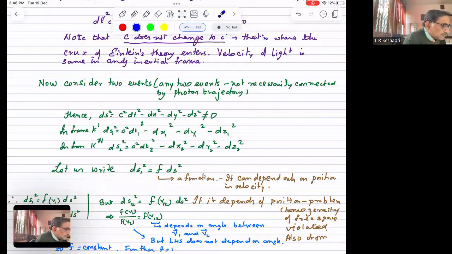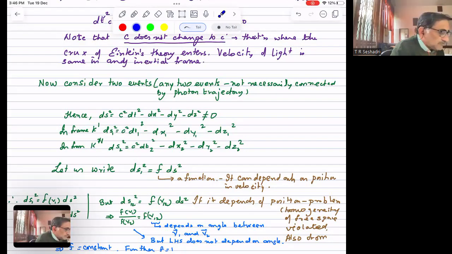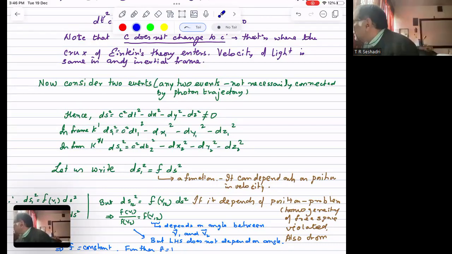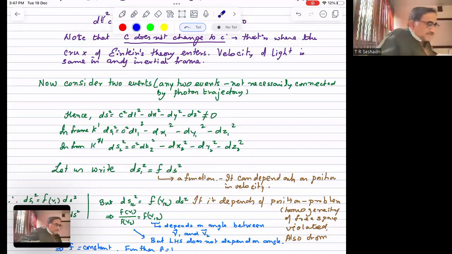In the direction of velocity, if this f depends on the direction of velocity, it means that the space-time is not isotropic. It will be different in different directions. It means f can depend only on the relative speed of the two frames.